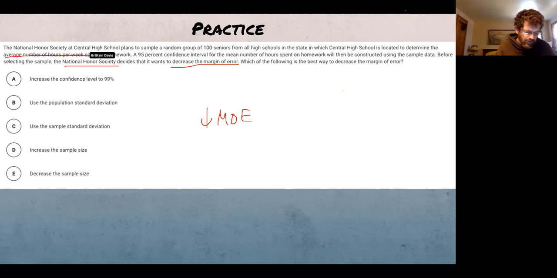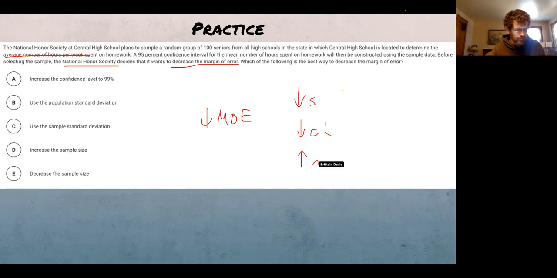I think it's fair to say that we're looking for a mean. So we could increase the standard deviation, or sorry, no, those are directly related. Let me change this. We could decrease the sample standard deviation, we could decrease the confidence level, or we could increase the sample size. Those are the only three levers we can pull.